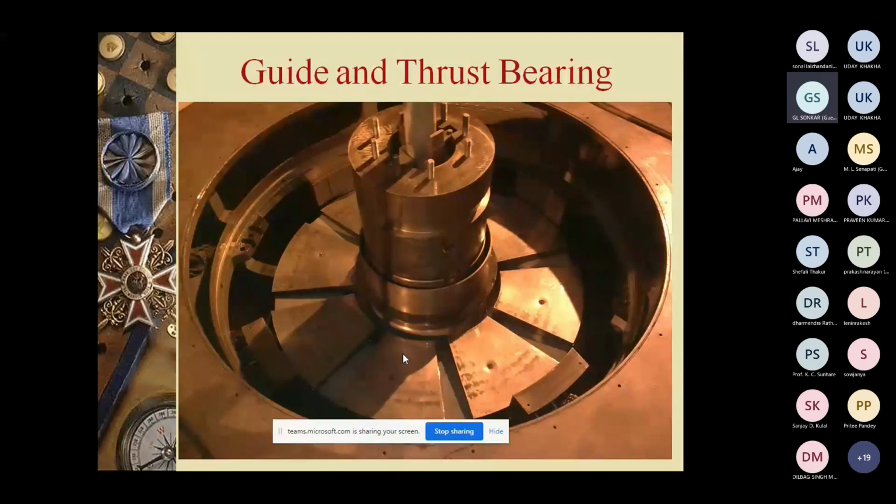The holes are provided for that. These are the babbitt materials on the surface of the guide pads. Nowadays, Teflon coating is there. Where Teflon coated guide pads are used, you don't need any holes or any high pressure oil system, because Teflon is self lubricating. So we don't need any lubrication on the surface of the guide pads.